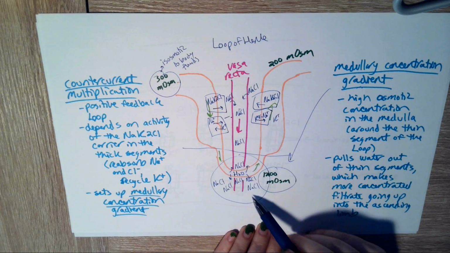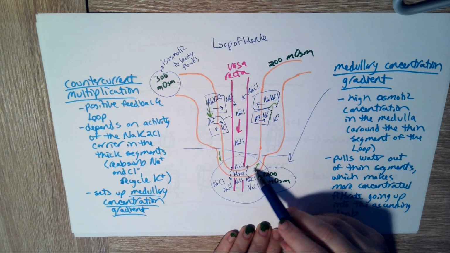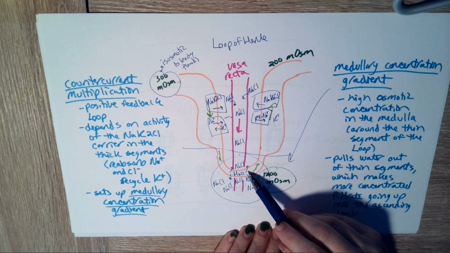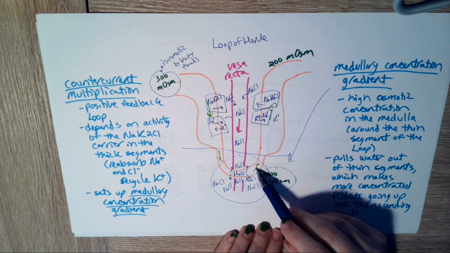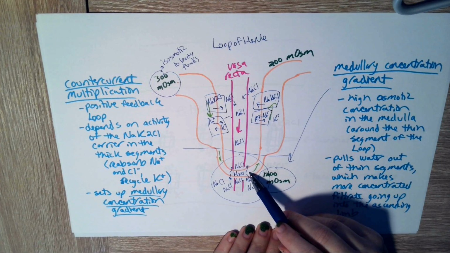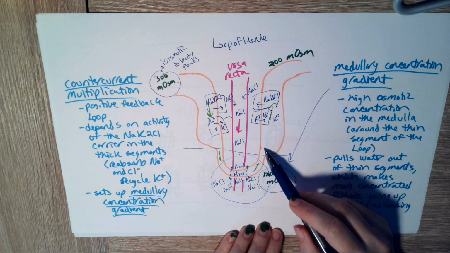Now, as we pull the water out of the filtrate, we still have water in there, but we have less water because we're taking a lot of water out of the thin segment here. So we're just left with ions. We're concentrating the filtrate as we go up into the ascending limb.